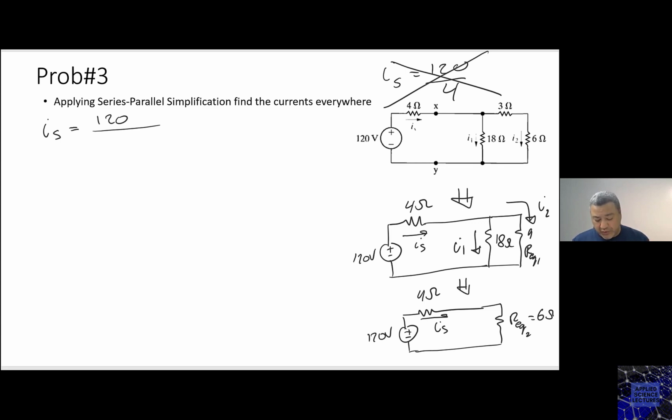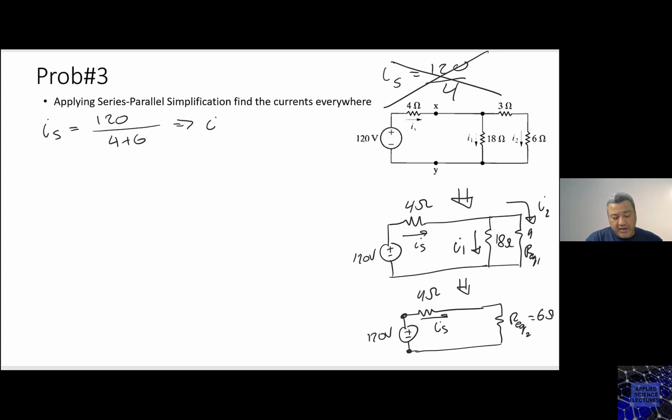This 120 volt is across the 4 ohm and the 6 ohm that is in series with it. Right? Look at the 120 volt. It is across the equivalent resistance of 4 and 6. So it is divided by 4 plus 6.